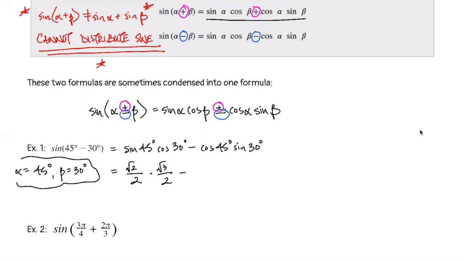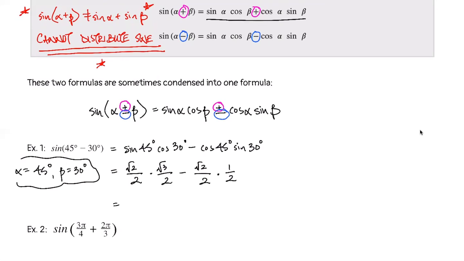What am I going to write then for cosine of 45 and for sine of 30? Root 2 over 2, good. And for the sine of 30, a 1/2, beautiful. All right. So now we're done using our formula. Now we're just going to clean this up a little bit.